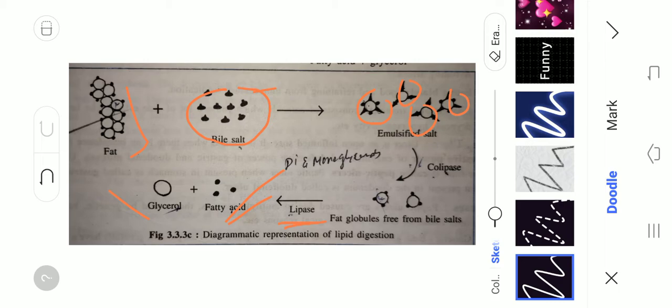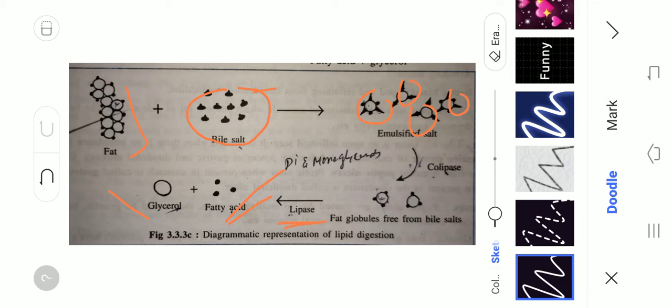In this, the complete digestion of proteins, carbohydrates and lipids takes place. After the completion of the digestion process, the carbohydrates give the end product called glucose. Then the proteins break down to give the end products called amino acids.